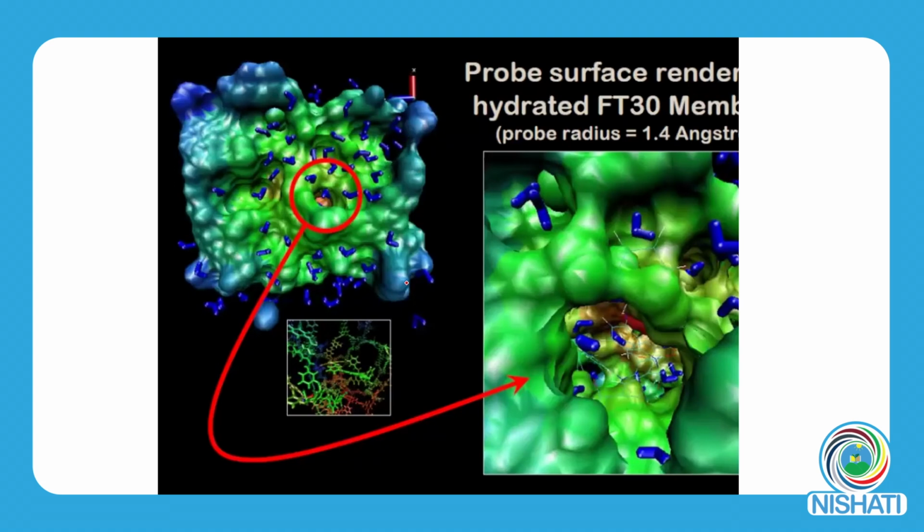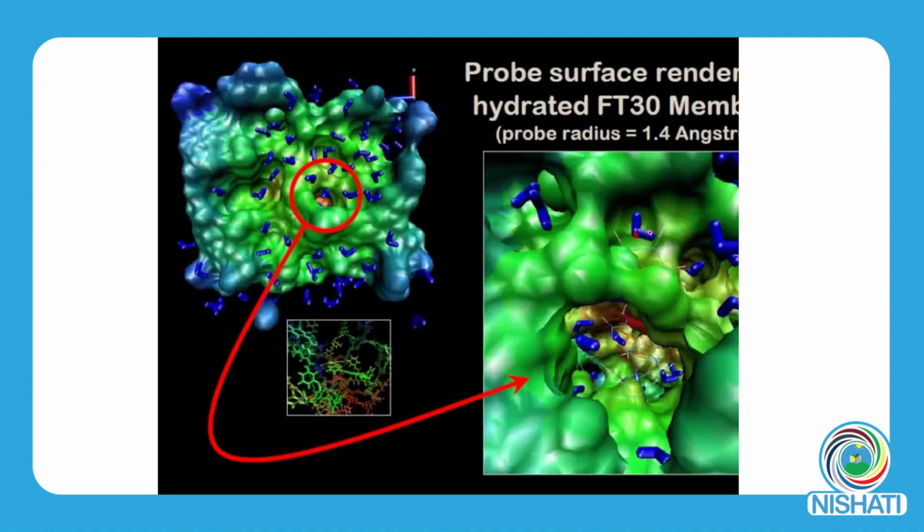Now with computers, we can figure out how the pores in the desalination membranes could be. This is a simulation. Really, we cannot see the pores. This is not really a pore, it's just an intermolecular separation. But it's good enough to allow the passage of water.